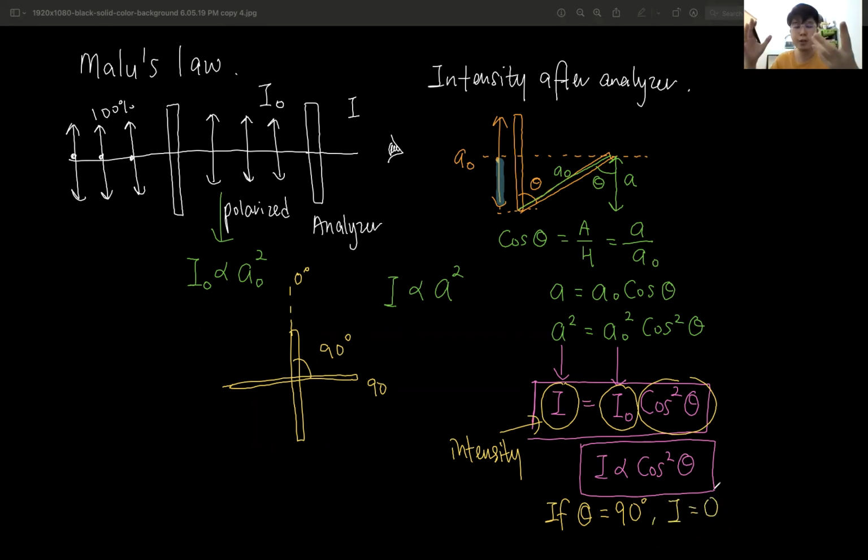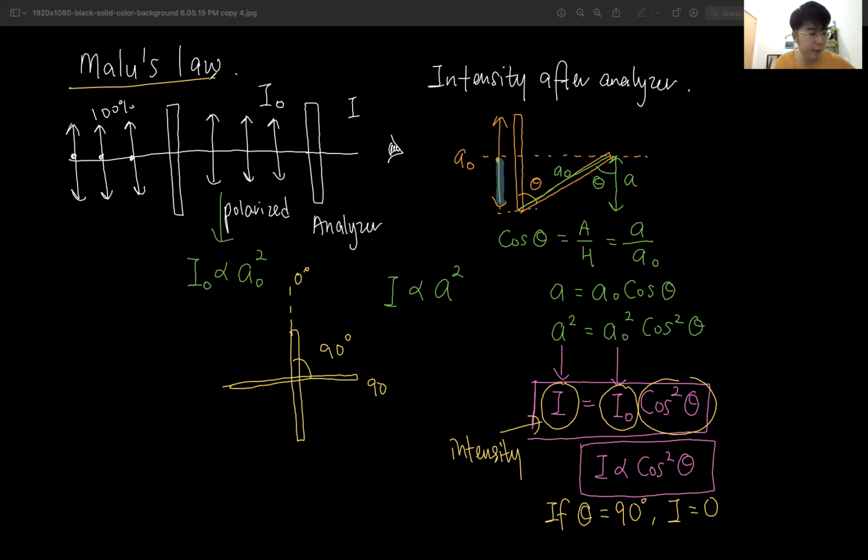No more intensity, so you cannot see anything. So when you rotate this analyzer horizontal, intensity becomes 0. This is what we call Malus's law. It talks about the intensity of the polarized light.